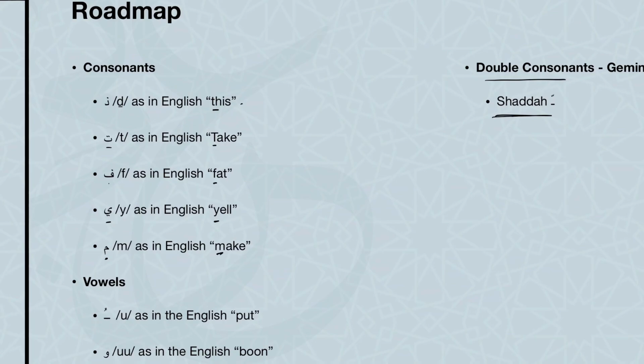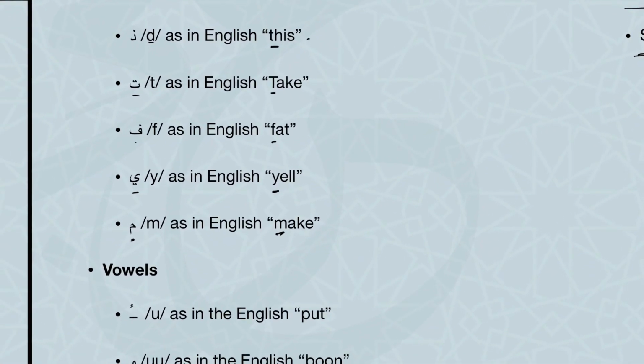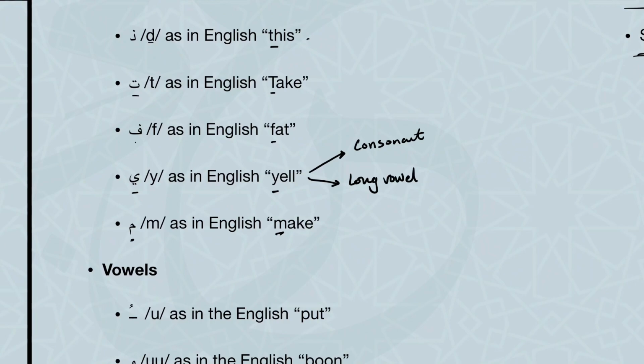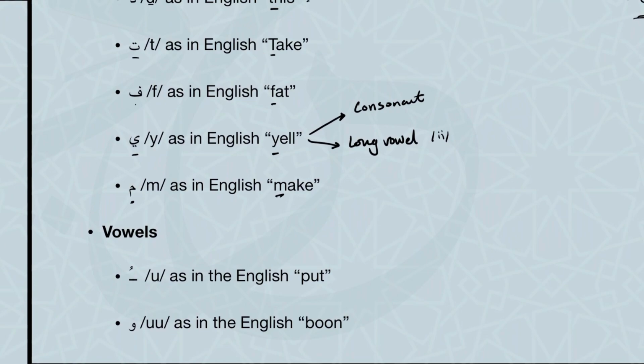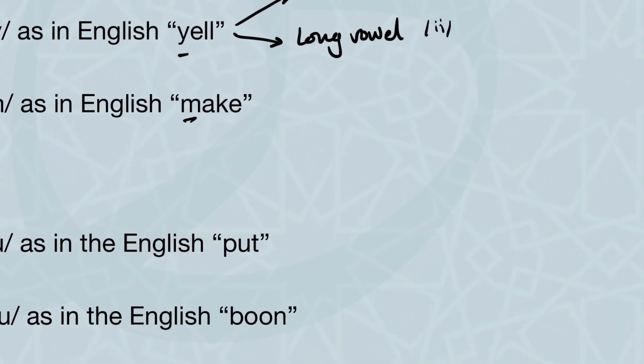Now, we have to stop here and remind you that the letter ya also shares one feature: it can be a consonant and it can mark a long vowel. We're going to jump ahead and say this long vowel is called E. And today's pair of vowels is basically the U sound, which we call in Arabic dhamma. And it's written like this.